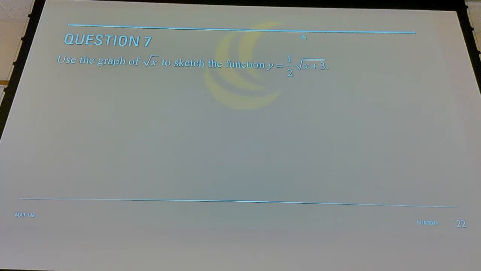One half square root of x plus 3. What kind of compression?